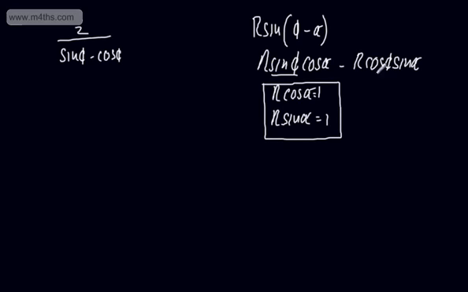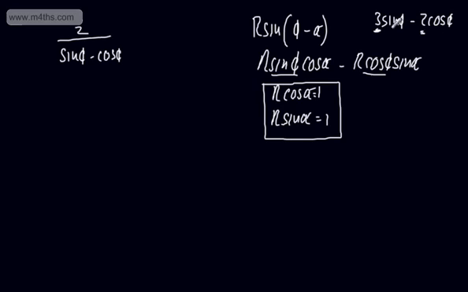And again, we can see that that's obviously not going to be the case. So for example, if I had 3 sine theta minus 2 cos theta, if we now equated the coefficients, we could say in this particular case that r cos alpha was going to be 3, and we could say that r sine alpha was going to be 2.